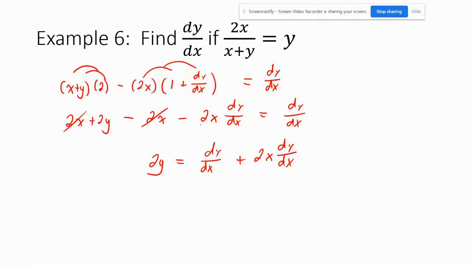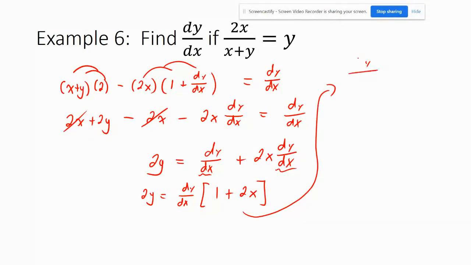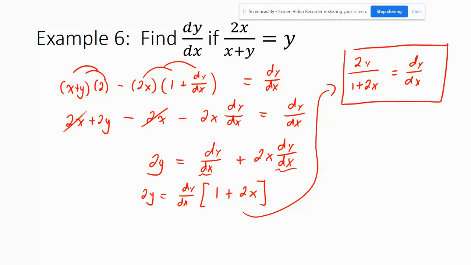So I'm going to bring the -2x dy/dx over to the other side of the equation, and now I have a common factor of dy/dx. And now I'm going to divide by 1 + 2x. And here is our derivative in terms of x and y for this guy right here.